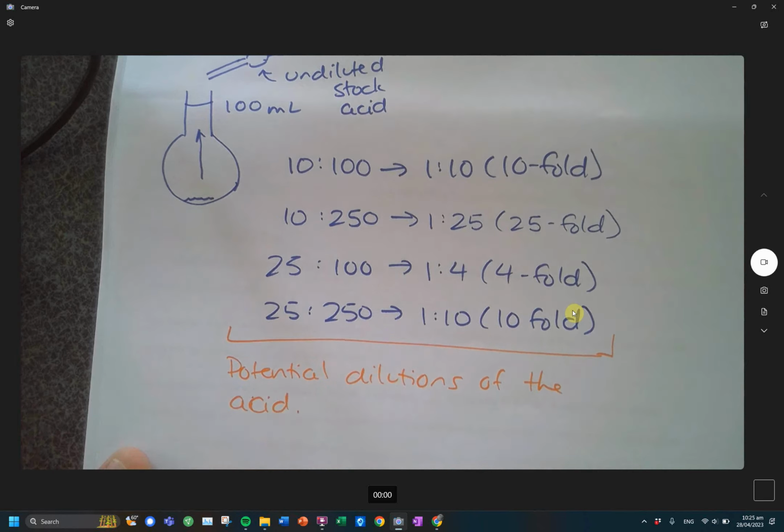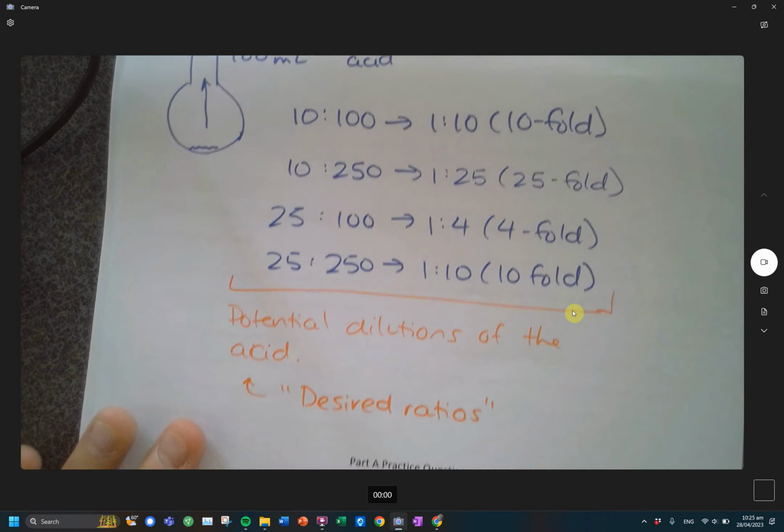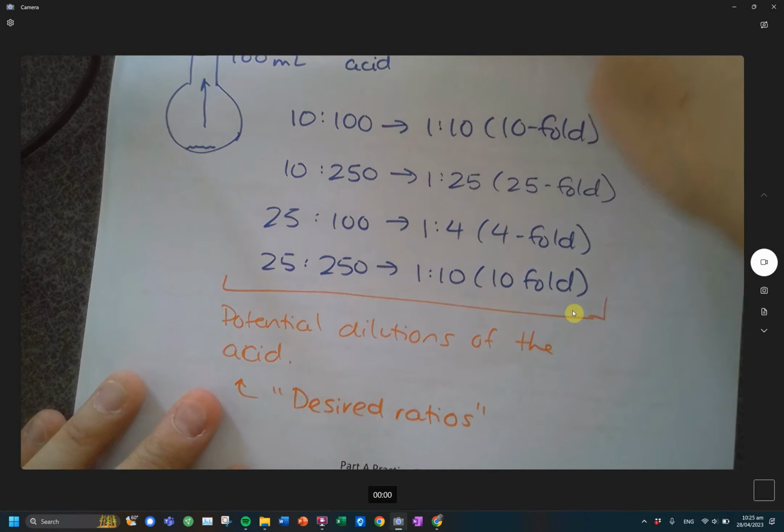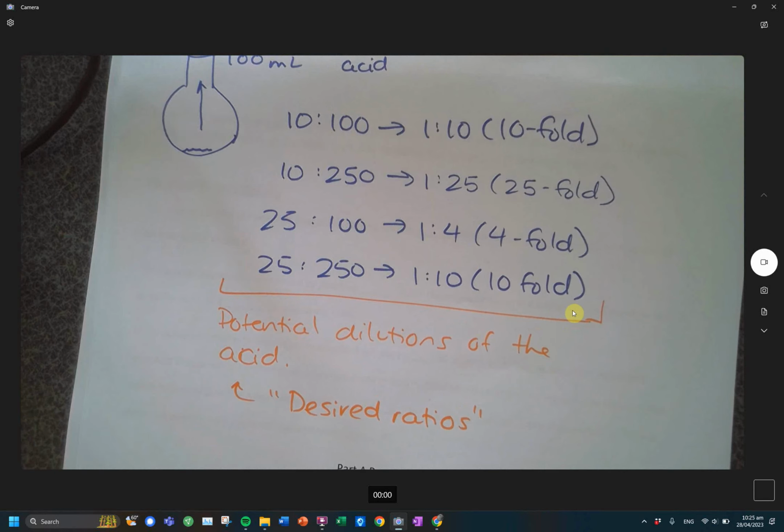And if you guys remember, we're going to have an equation, and these values here are acting as our desired ratios. So that's the first thing you got to work out. It's what are your choices? You good? Keep going.